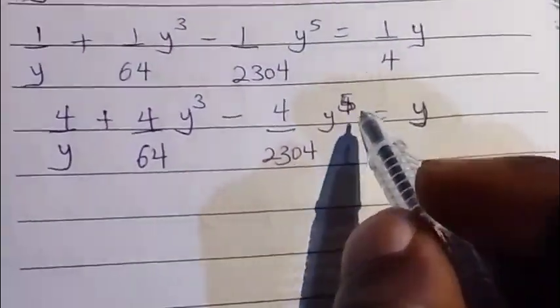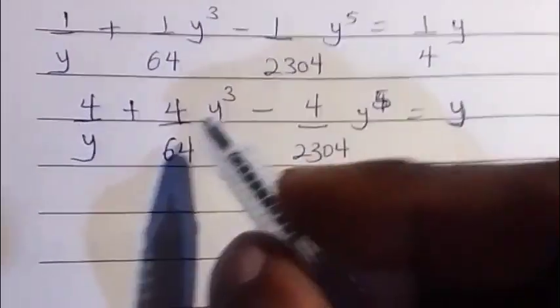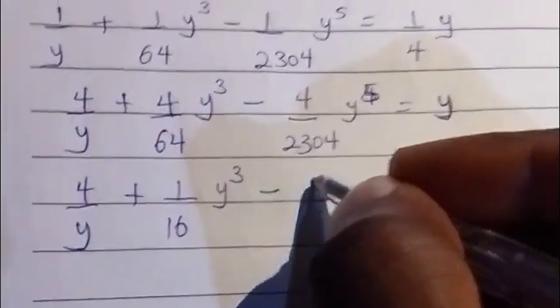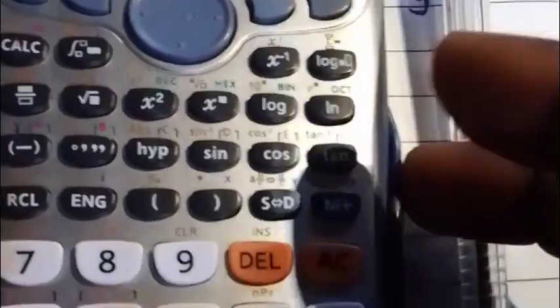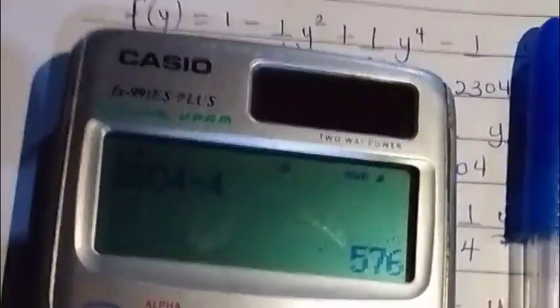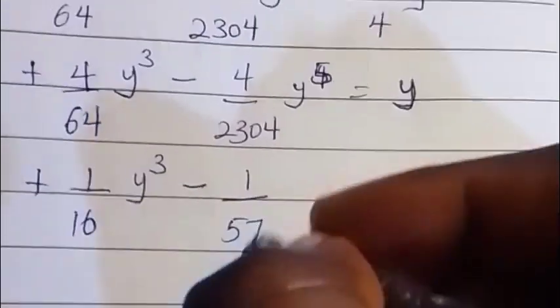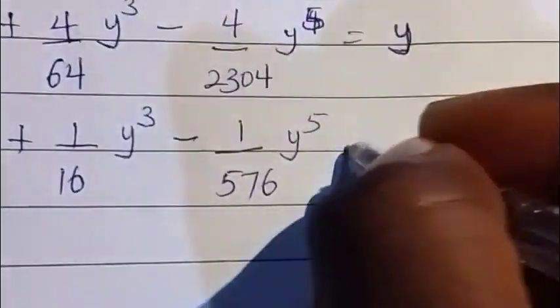So I have successfully obtained my g of y, but just to further break this down, I can write this as 4 over y plus 1 over 16y to the power of 3 minus 1 over, let's see, 2304 divided by 4 is 576. So I'm having minus 1 over 576y to the power of 5 equals y.